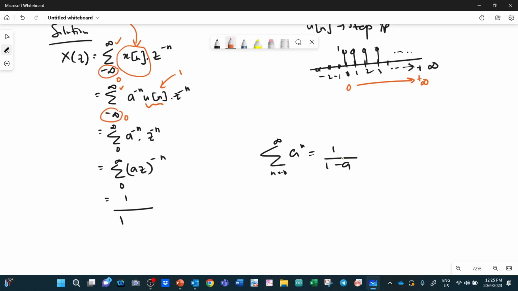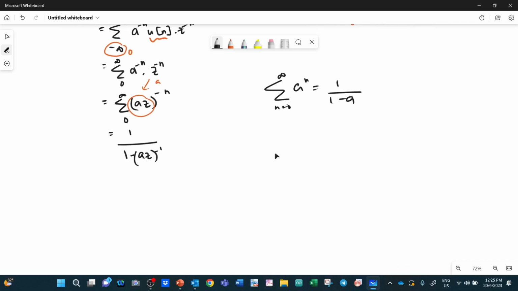A is 1 over az, with the power of minus 1. So you can rewrite it as 1 over 1 minus 1 over az. So this is the answer.